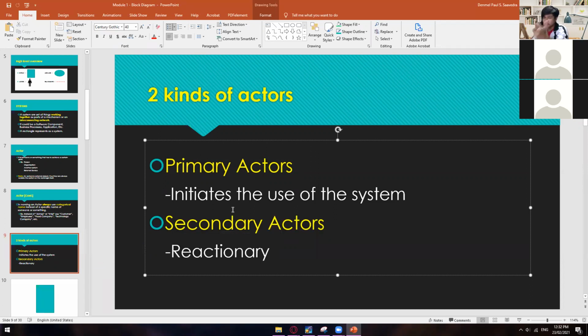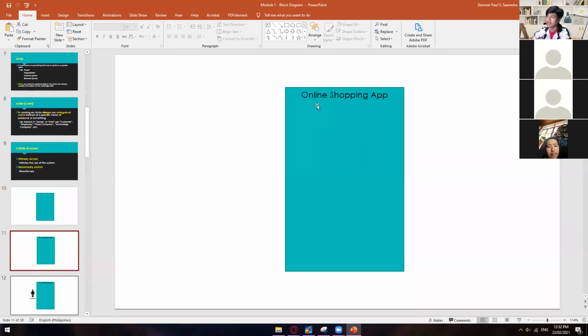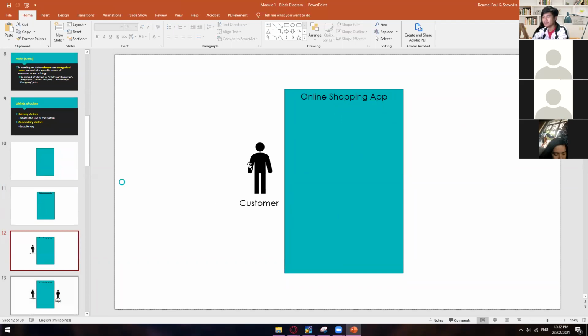For you to be able to understand what those primary and secondary actors and systems are, let's start with a blank canvas with a blank system. Let's say this system is an online shopping app. This is where you put the title of that system, online shopping app, above the system. And then we have here the customer.